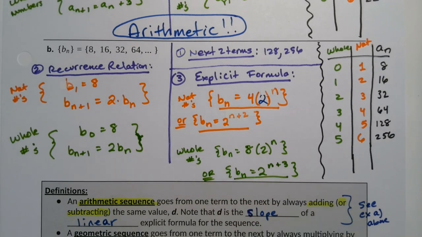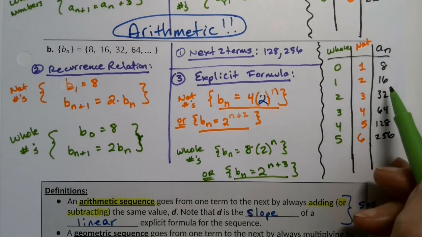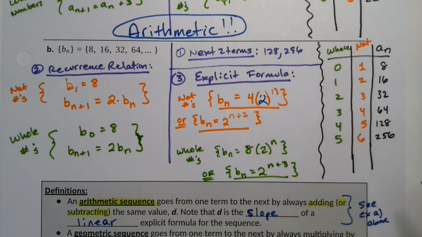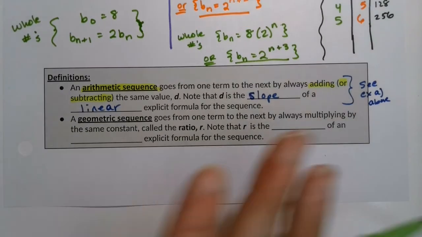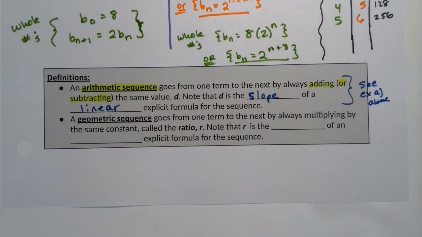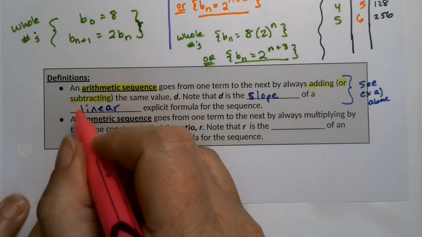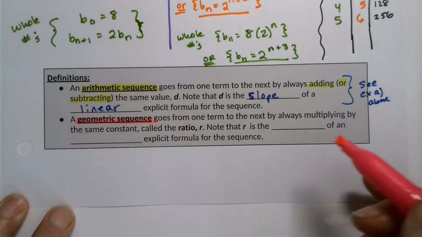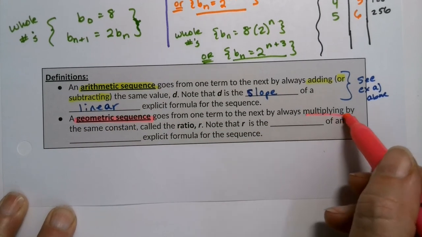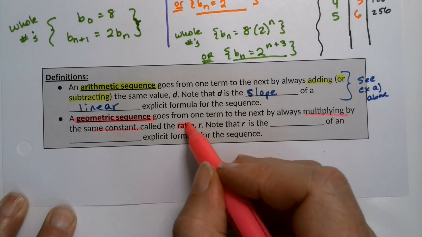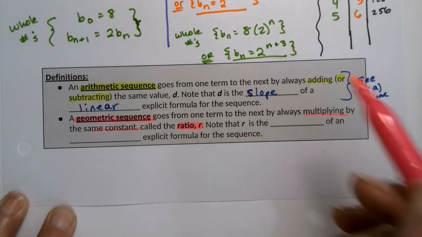And in case you missed it, these are not arithmetic. We're not adding on the same amount every time. No, we're multiplying. So that is called a geometric sequence. A geometric sequence is when you are multiplying by the same constant, and that constant is called the ratio. In our case, it was 2.